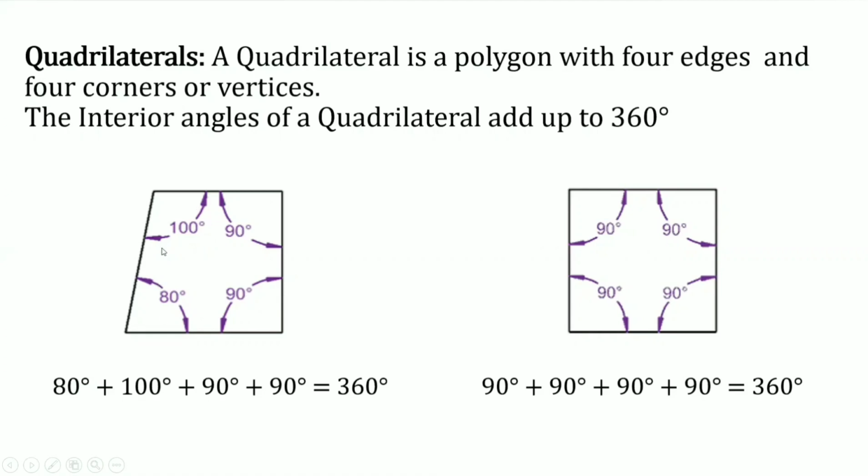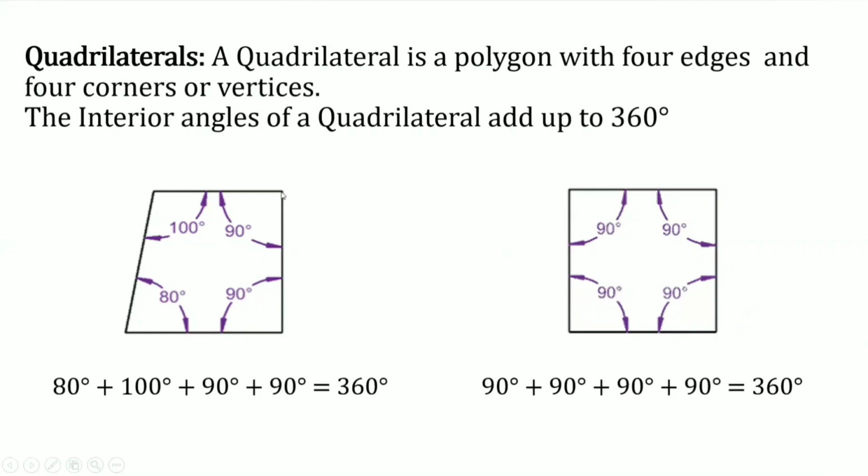Here it is an irregular type of quadrilateral, you can see, because the measures of the angles are not the same, and this is a regular type of quadrilateral because all the angles are the same, that is 90 degrees. And here the sum of all the interior angles of a quadrilateral is 360 degrees.